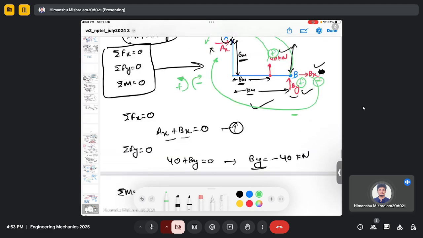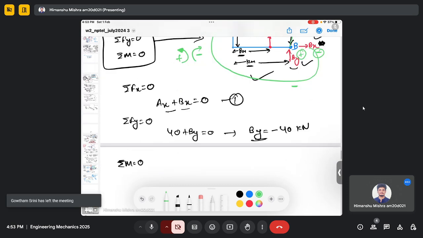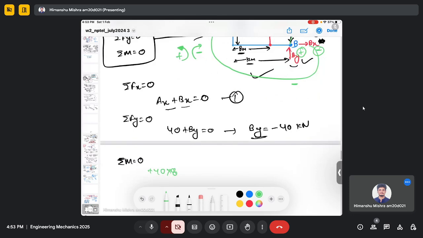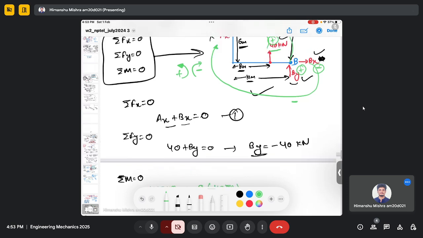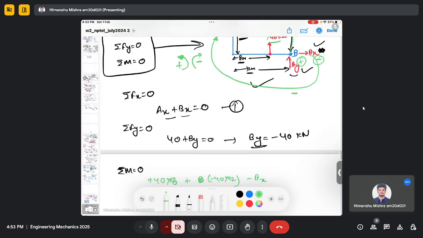So first write the moment due to this 40, which is plus 40 multiplied by 8, plus the moment due to By, which is minus 40 multiplied by 12, then due to Bx, sorry, multiplied by 6 equals 0.